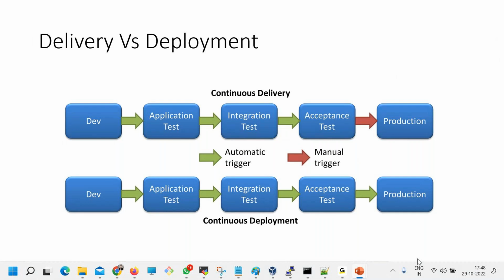Because you have a certain process, approvals, this, that, and all manual processes. Manually, someone says, hey, let's release, then you release. But in deployment, you don't have anything. If the package passes through the testing, it is deployed to the production without any approval, automated deployment. Look at the arrow. That's called continuous deployment. Make sense?